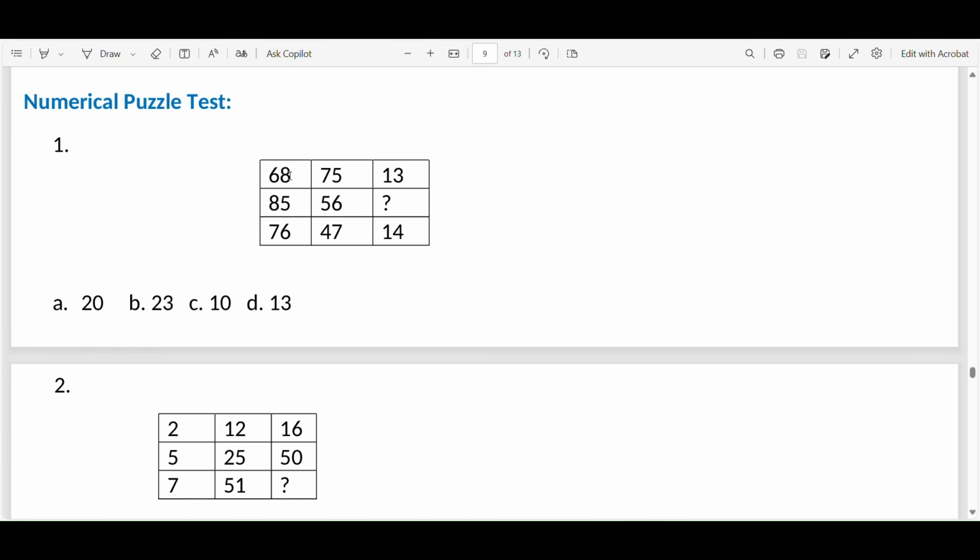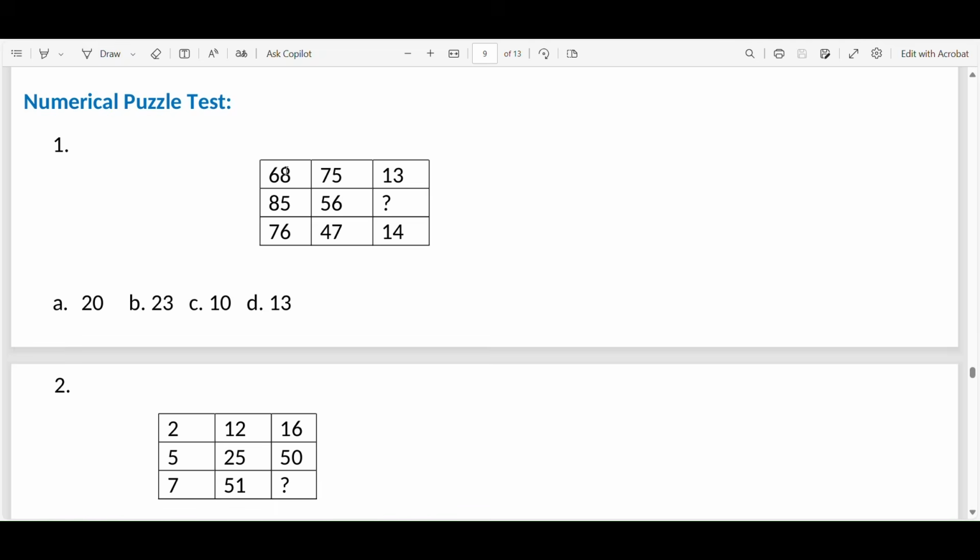Firstly, we have 68 here, 75 here and 13 here. Is there any relation between these three? If you see this, 8 minus 5 will give you 3, right?